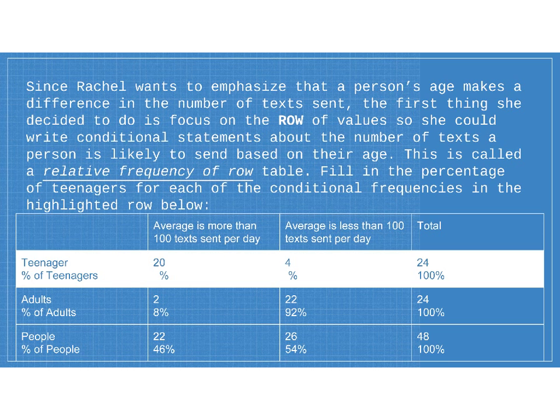So as we look at this, we had adults, and there were 2 that sent more than, and since we're looking at the row, it's 2 out of 24, and when we divide that, we get 0.083, so that's where we get the 8%.